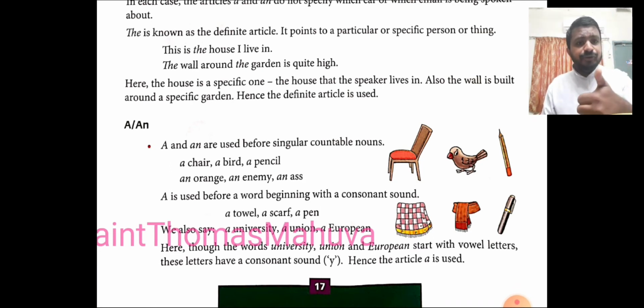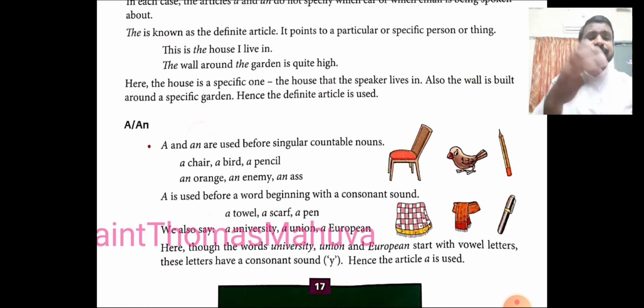Now you have a few words there: a towel, a scarf. But look at the downside words: a university, a union, a European. Though you may think, even though it is starting with U or E, why have we not used the article an? That is what is called consonant sound.